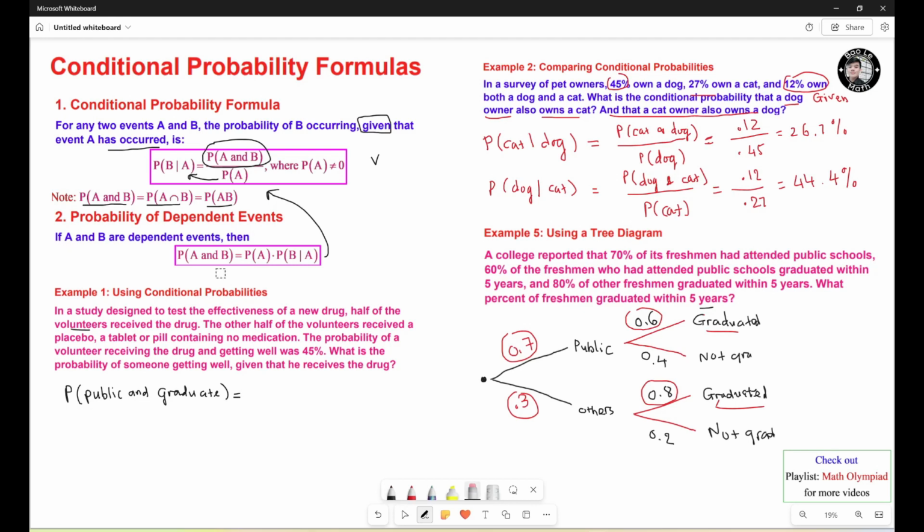Now we use the formula: the probability of public times the probability of graduate given public. The probability of public is 0.7 times the probability of graduate given public, 0.6.